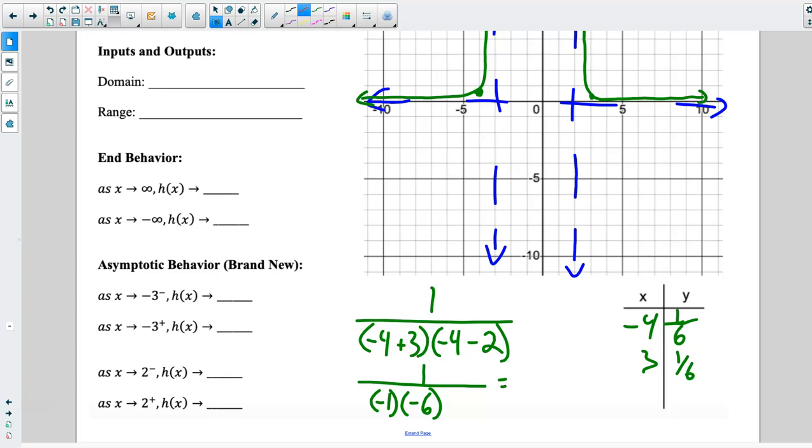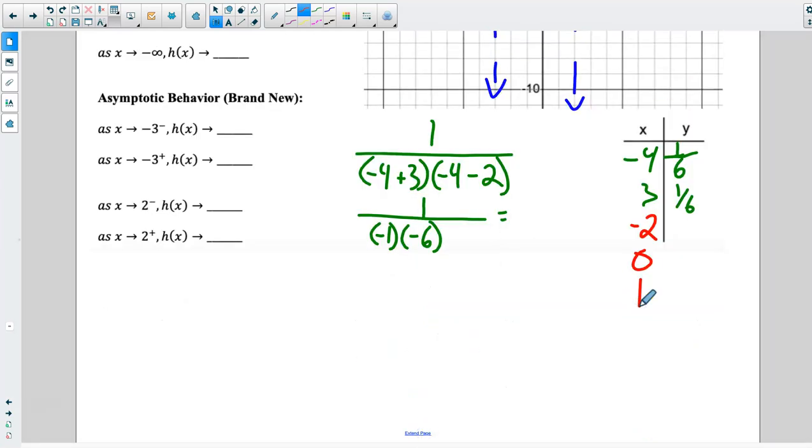But let's do this. Half the room, why don't you plug in -2? So, Annabelle, to the wall, you're plugging in -2. Everyone else, you are plugging in 0, and I'll just plug in 1 and I'll give you that point. Okay? So I'll give you 1, and then that way we have our 3 points. So we know are our dots increasing, or do they turn back down, or what's going on?